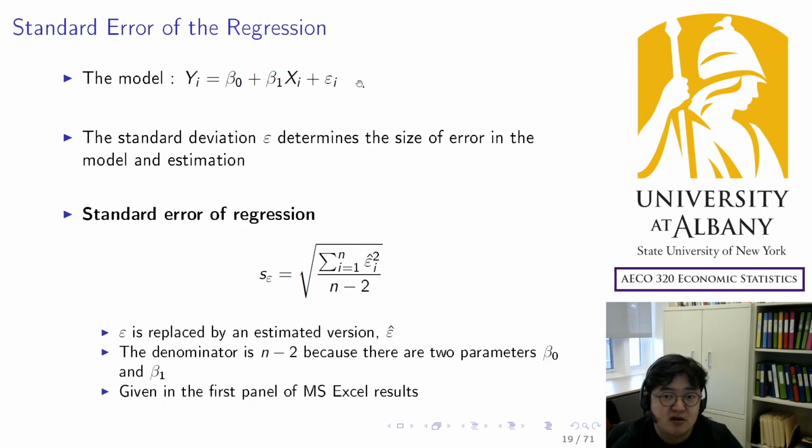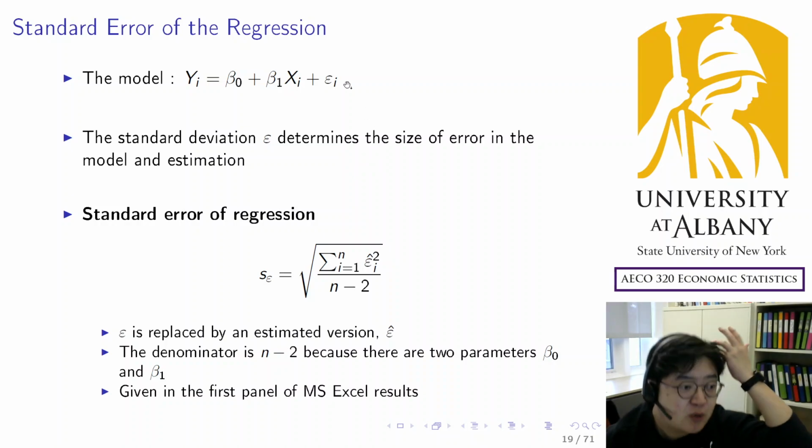In this regression, the accuracy, the noise, is determined by this guy, epsilon. So its standard deviation is estimated. It can be estimated this way. Epsilon is replaced by the estimated epsilon hat, right? Because epsilon itself is unknown, but you need to estimate that. And what is interesting here is the denominator is n-2. The denominator is n-2. That's because we have two parameters.